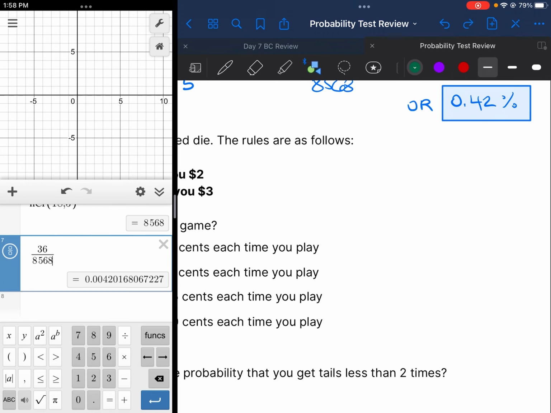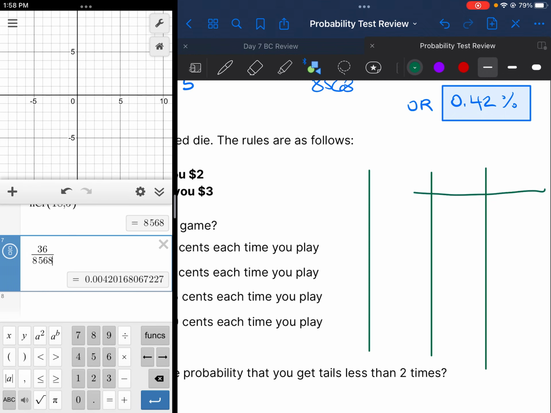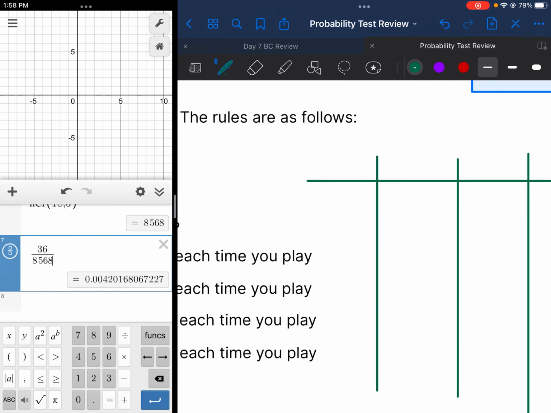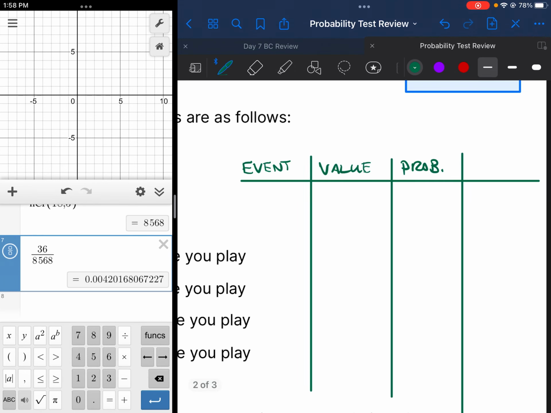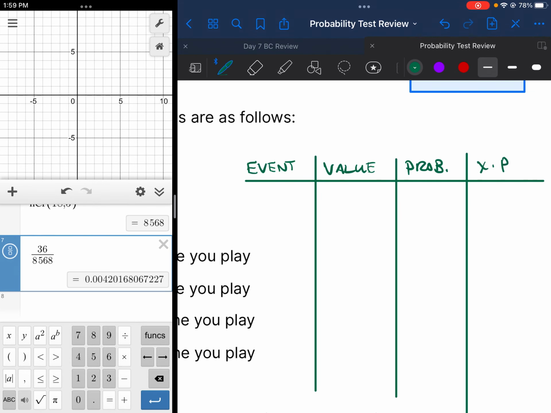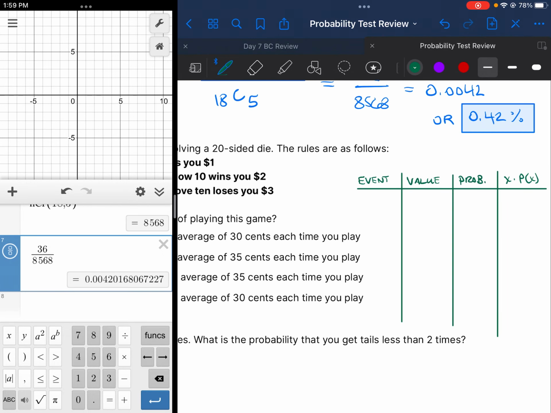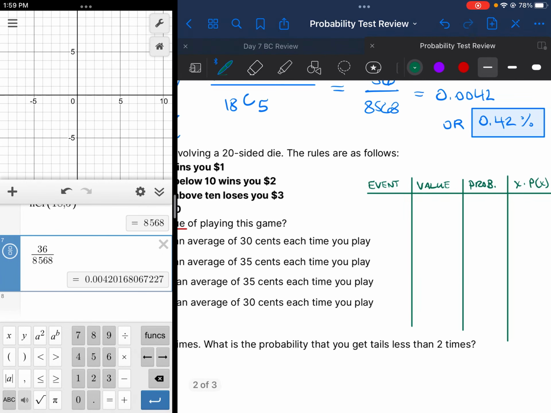Let's get the straight edge tool. There we go. All right, I'm going to have the event, the value of the event, the probability of that event, and we'll just call it x times p of x, the value times the probability. All right, so the events that can happen. Rolling an odd number.